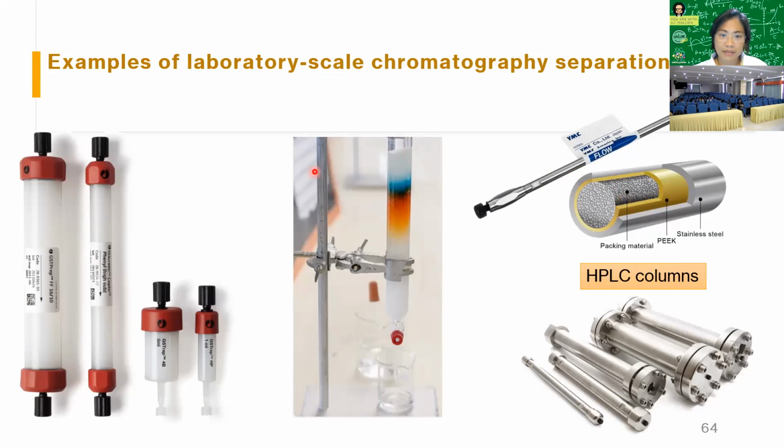The middle part here shows you the color separation. I have some research on carotenoid. We can use chromatography to separate different components of the carotenoid in our extraction as well. I think this one is the same principle as the gel chromatography.